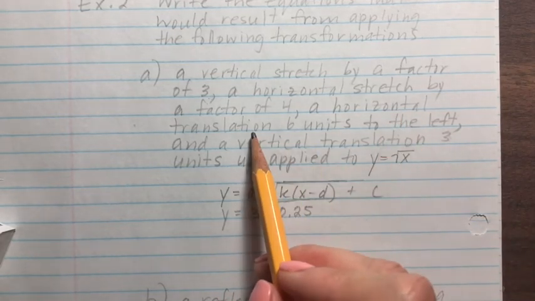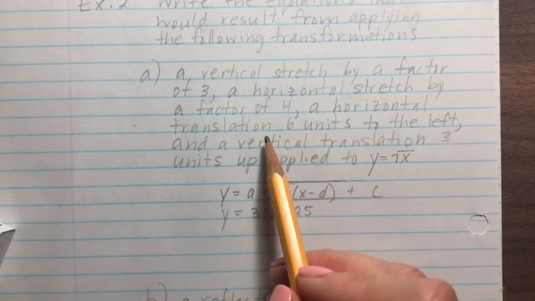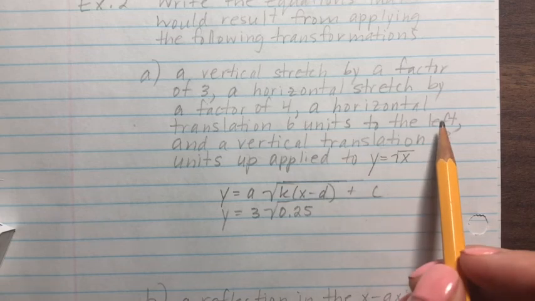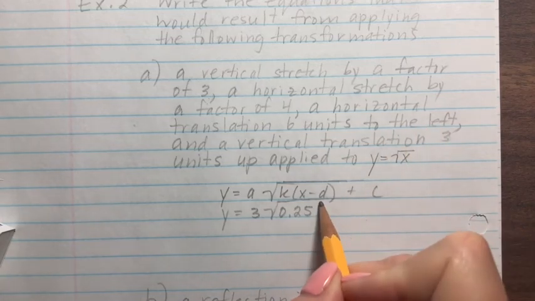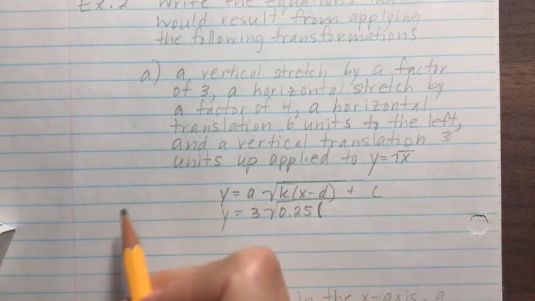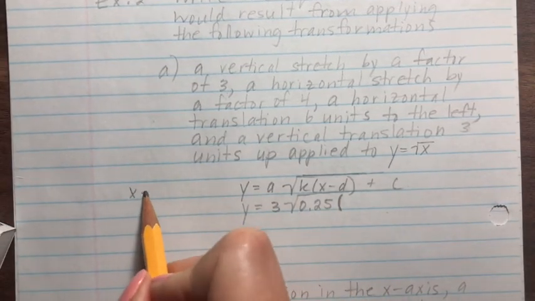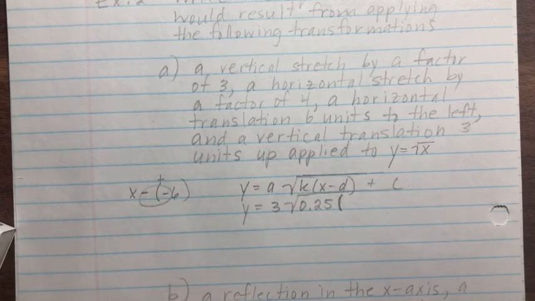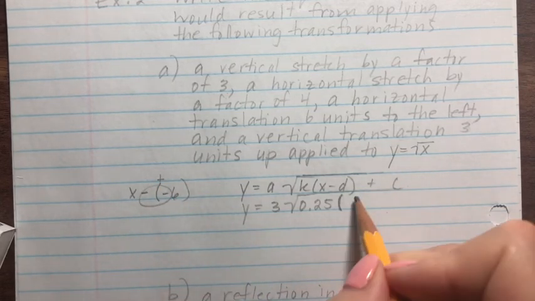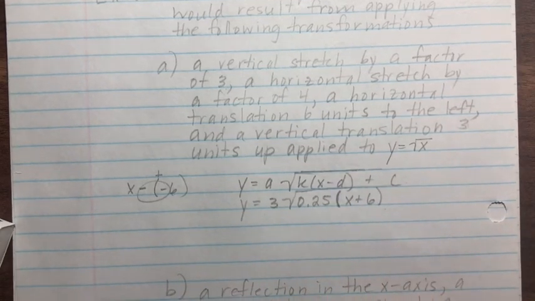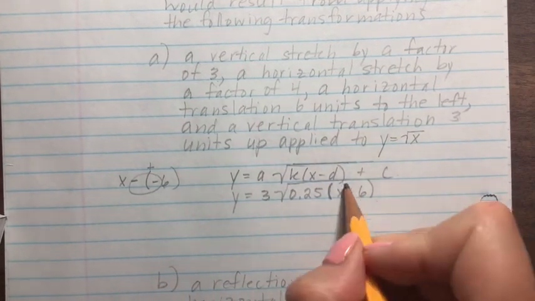There's also horizontal translation, and horizontal translations are represented by D. Because it's 6 units to the left, that means we're subtracting a negative 6. If you subtract a negative number, it's the same as adding a positive number. So inside the brackets, we would see x plus 6, for a horizontal translation 6 units to the left.